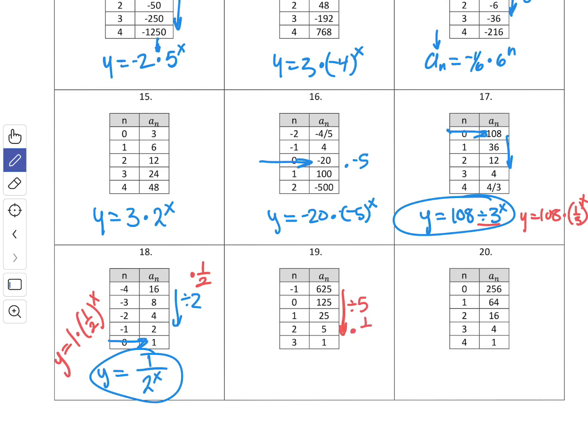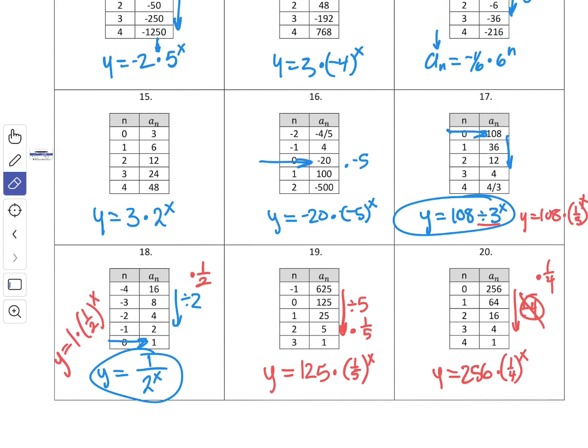Here, instead of dividing by 5, I'm actually timesing by 1/5. So I'd go y equals my 0, 125, times 1/5 to the x. I would get into that habit of writing it so that you're more aware and used to it when you see it. Alright guys, so there we go with our tables. We are now done.